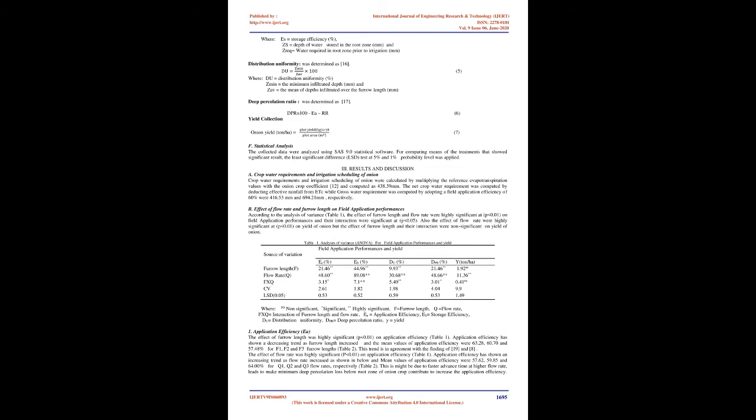Application efficiency has shown a decreasing trend as furrow length increased, and the mean values of application efficiency were 63.28, 60.70, and 57.48% for F1, F2 and F3 furrow lengths, Table 2. This trend is in agreement with the findings of 19 and 8.